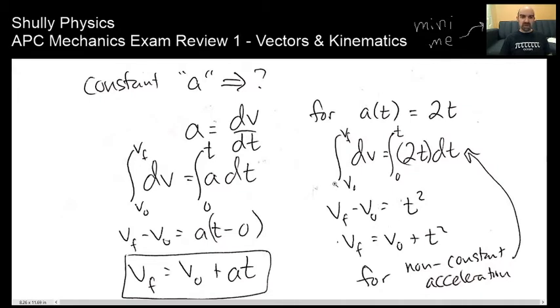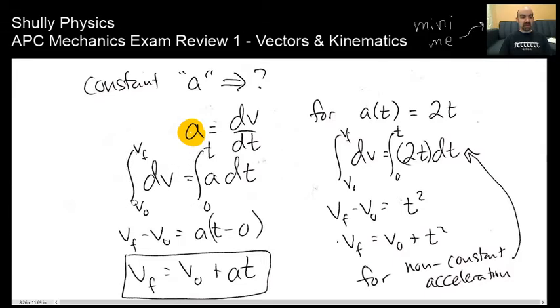But if you're absolutely certain that we're dealing with a constant acceleration, we're going to start with the definition of acceleration, a equals dv dt. We bring the dt up to the a, and that leaves us with dv equals a dt. That sets us up for an integral.